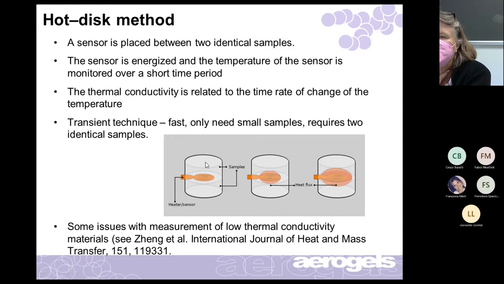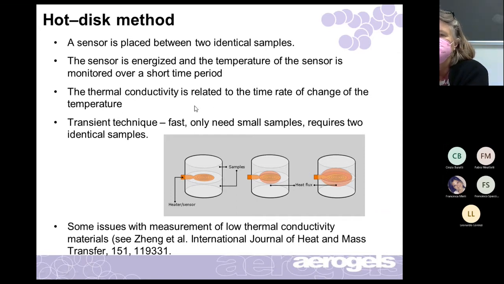You energize the sensor, and the temperature is monitored over time. So it's similar in a lot of ways to the hot wire, in that your sensor heats and records the temperature. And so your thermal conductivity is related, again, to the time rate of change of the temperature that is measured.